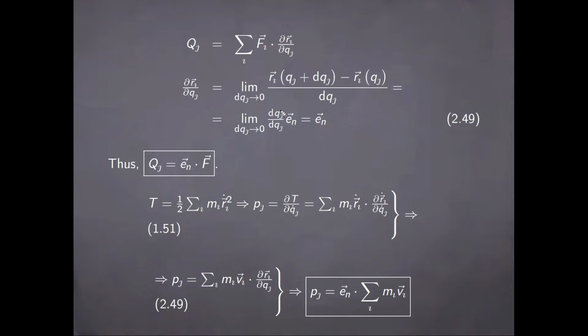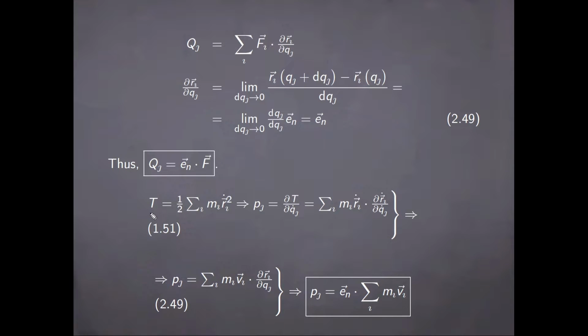So obviously these simplify, and the derivative is simply equal to the versor giving the direction of translation. And thus Qj is simply the dot product here. So it's the component of F in the direction in which the system is being moved.